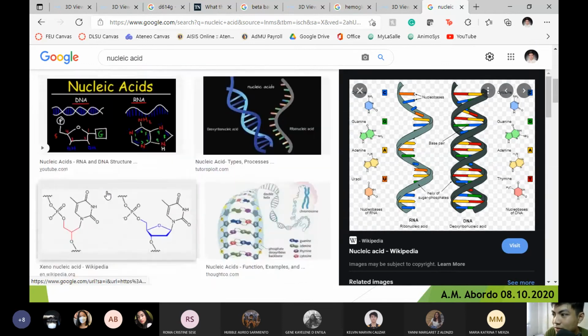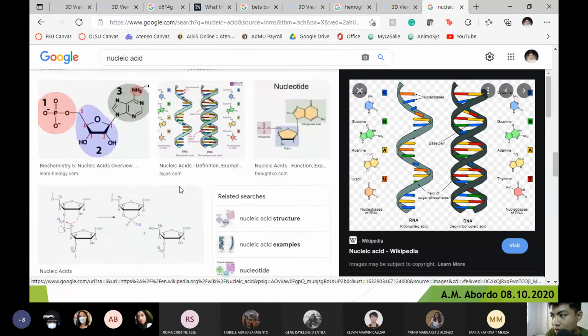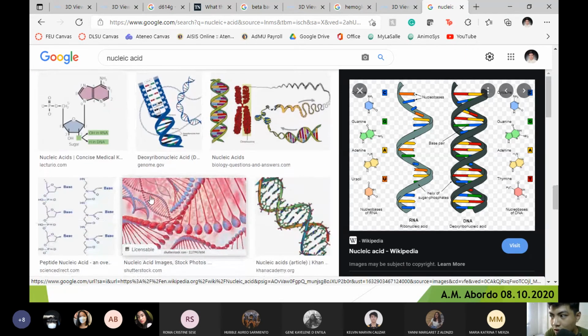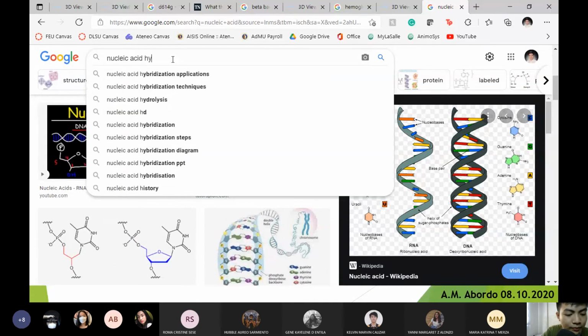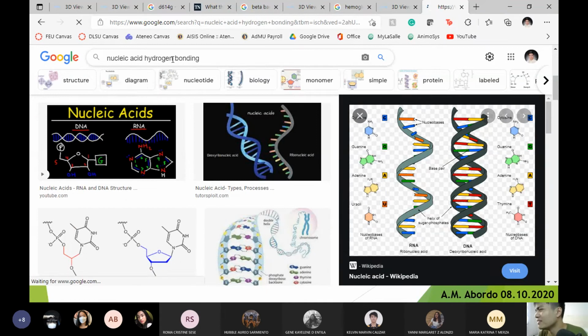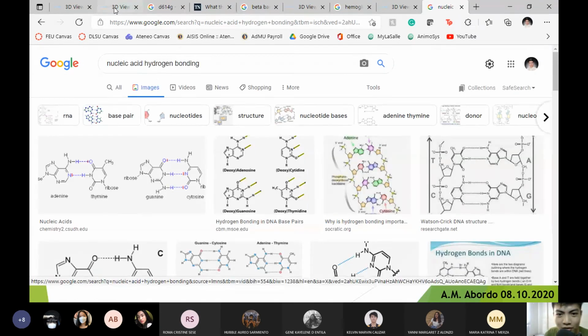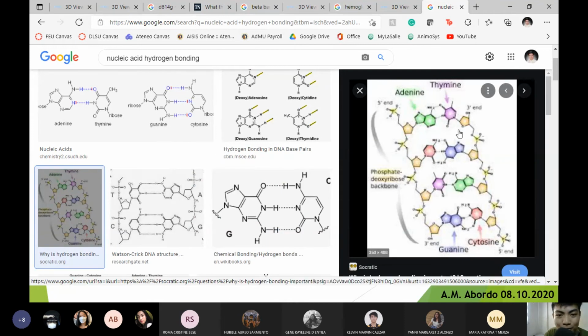Okay, let me look for a good picture so you can better see the hydrogen bonding between them. Ayan. So, this is the reason why we have a double helix.